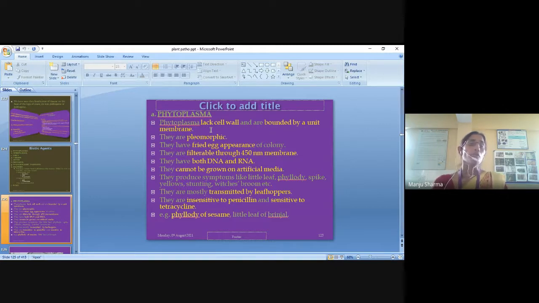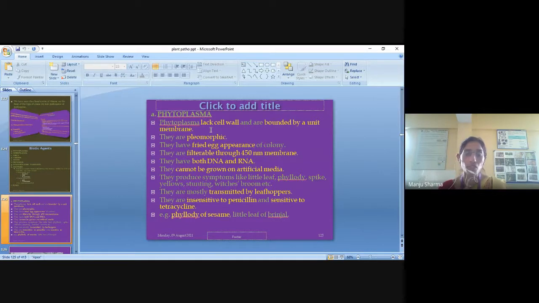Here phytoplasmas have no cell wall and are bounded by a unit membrane. They are pleomorphic and have a fried egg appearance of colony. They are filterable through a 450 nanometer membrane. They have both DNA and RNA. They cannot be grown on artificial media.